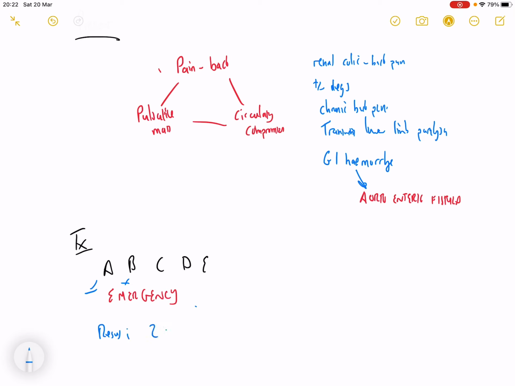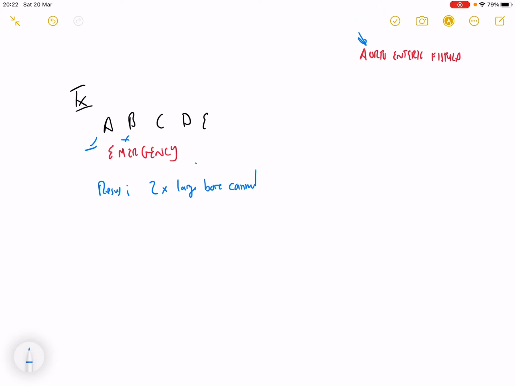So you need 2 large bore cannula, and you need pumps or rapid infusers ready, and you need to cross match either for 6 units or for a major hemorrhage protocol. You want a blood pressure of 90.